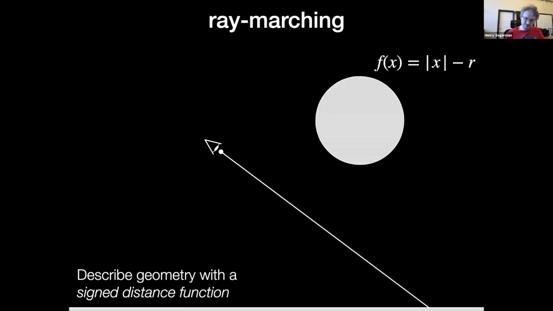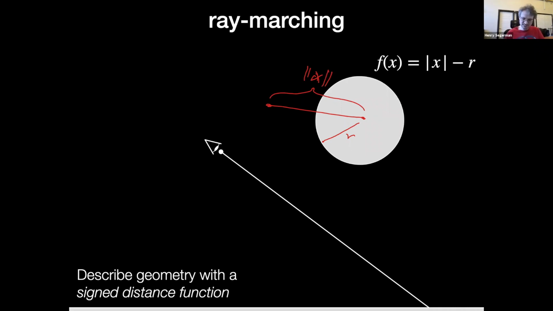In a simple two-dimensional example, suppose this circle is centered at the origin. Then given some point, the distance to the surface of that object is just the size of the vector from your point to the center of the ball, minus the radius of the ball. I should draw some pictures here. So there's R, this is the size of X, and of course this gives you the right answer.